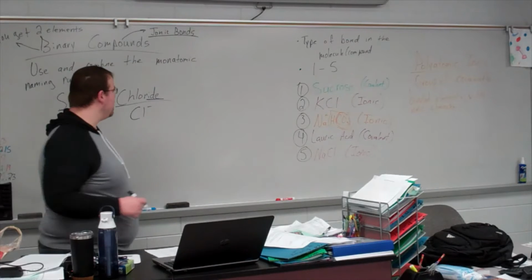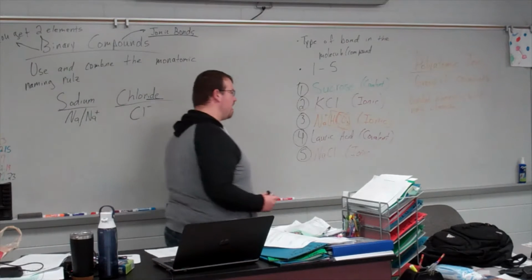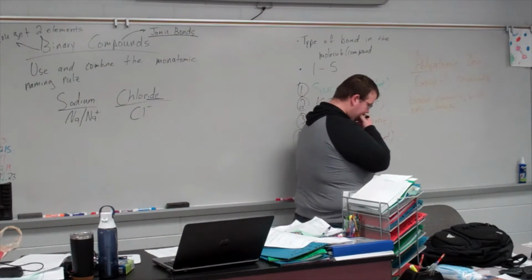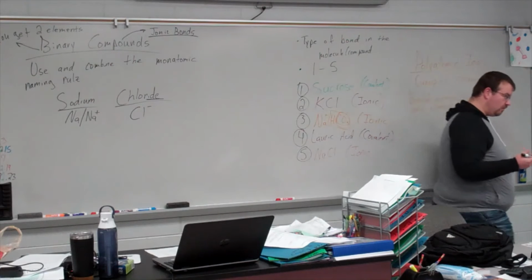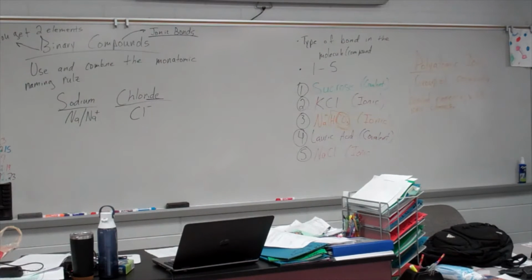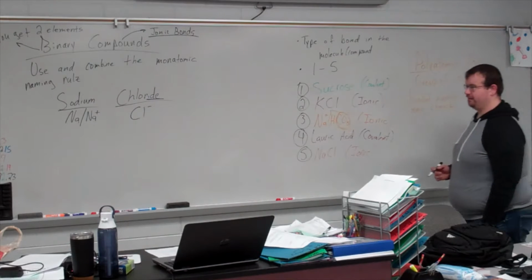You gotta look at your columns, and we ignore 3 through 12 because they're confusing. Well, where's chlorine at? It's in the 17th column, which forms what charge? Negative. -1.